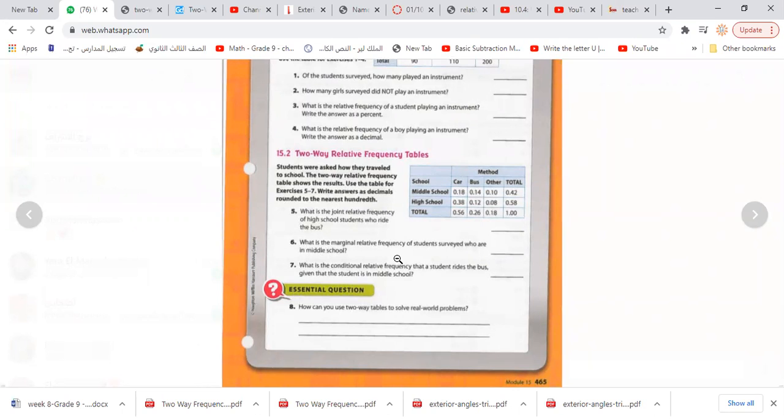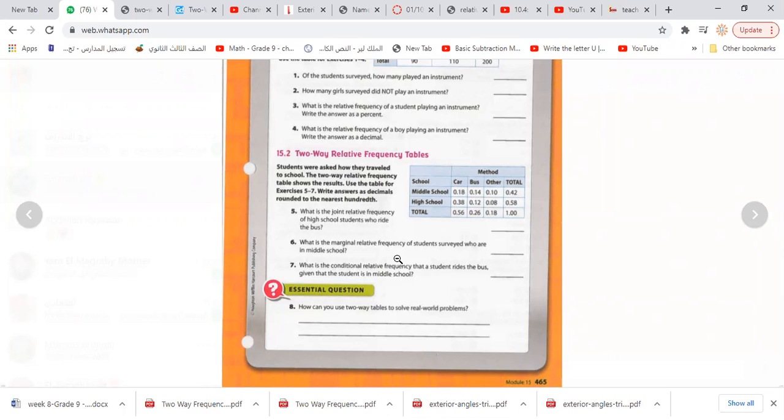Or do we still have someone who doesn't know the difference? Is there anyone who doesn't know the difference between joint relative frequency and marginal relative frequency? All of us know? Okay.